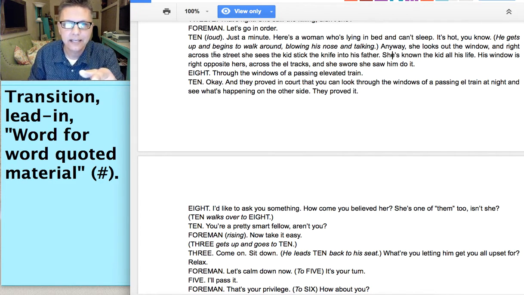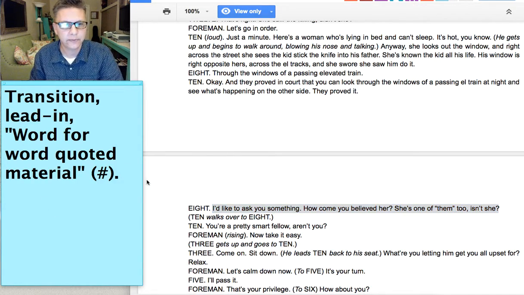And then he recounts her testimony as though it's absolute truth. And 8 confronts his bias, confronts 10's prejudice by saying, how can you believe her? She's one of them too, isn't she? Okay, so that's the context.